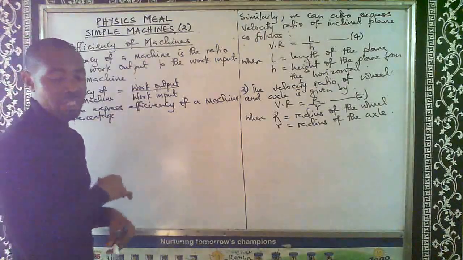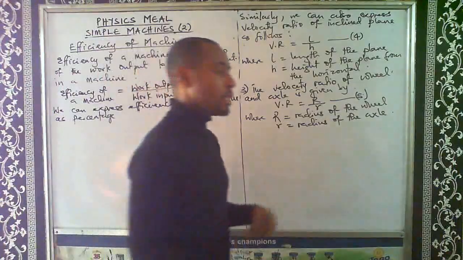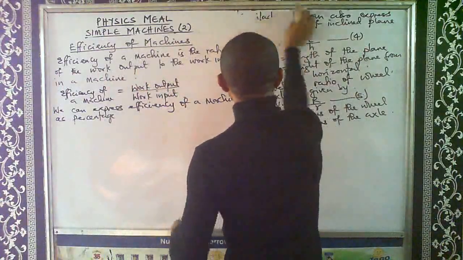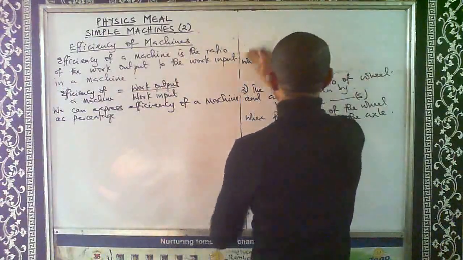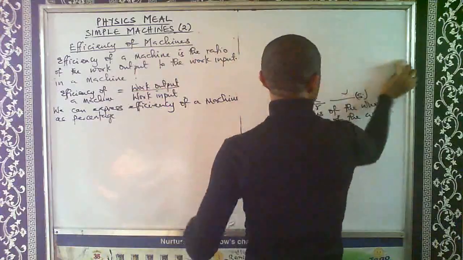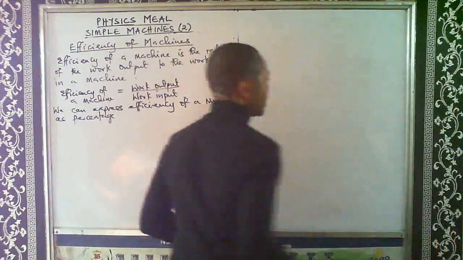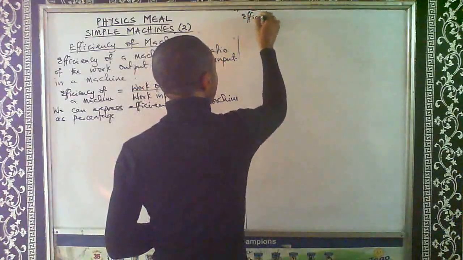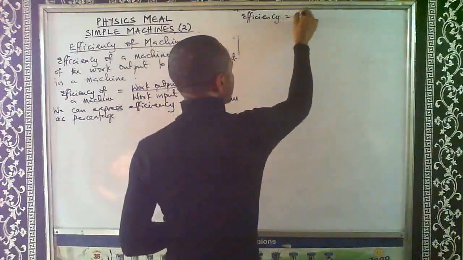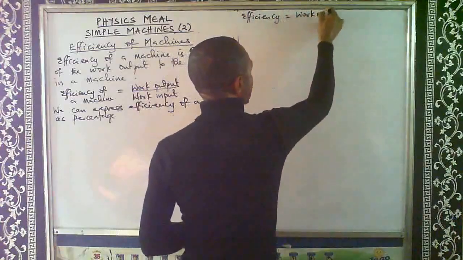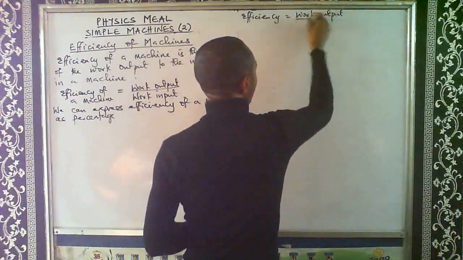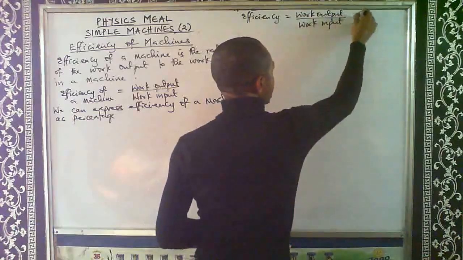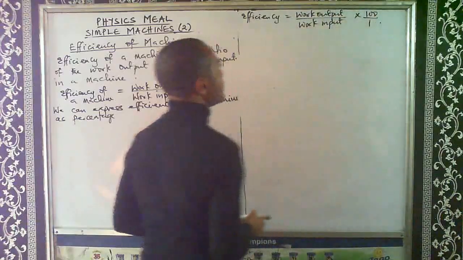If that is the case, what we need to do is just multiply this by 100. So if we want to express it as a percentage, we say that efficiency is work output over work input times 100/1.